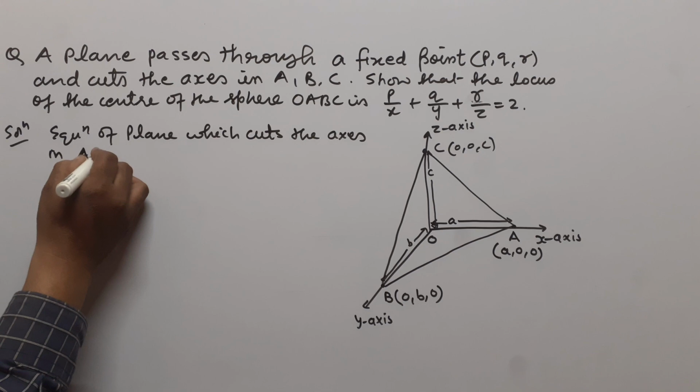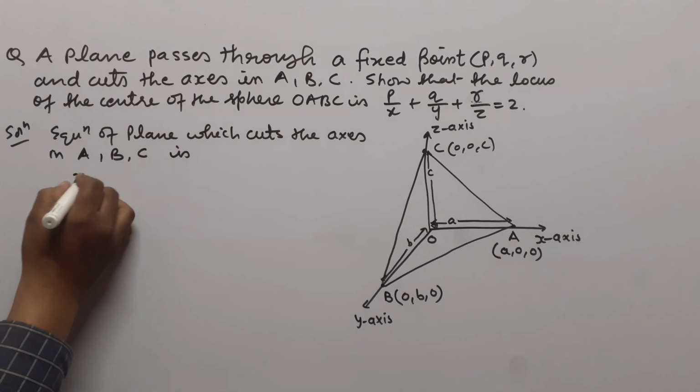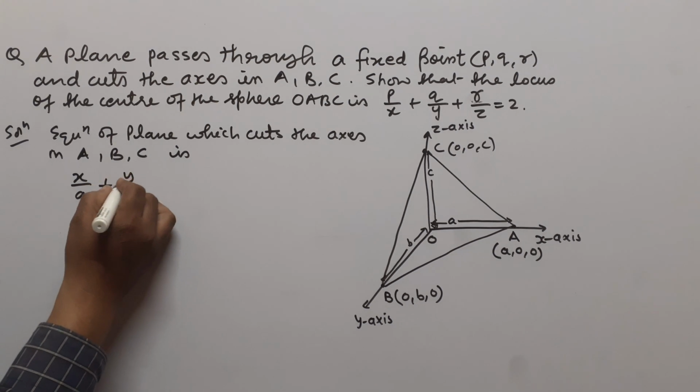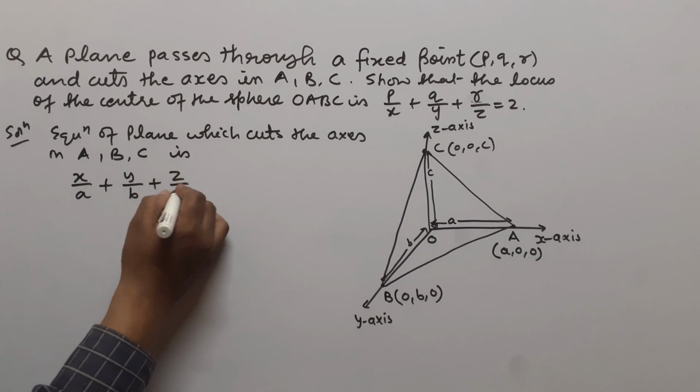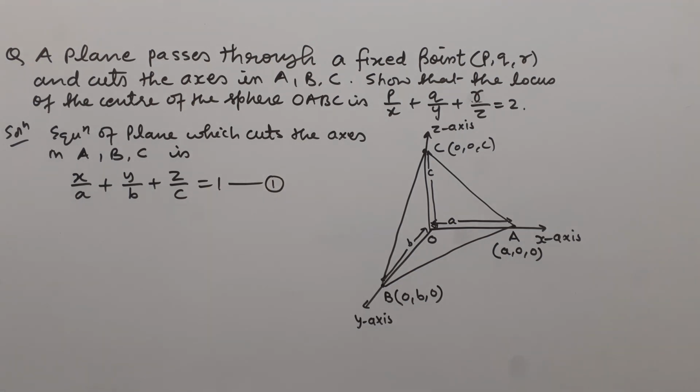in capital A, B, C as x upon a plus y upon b plus z upon c is equal to 1. We know that this is the equation of the plane in intercept form.